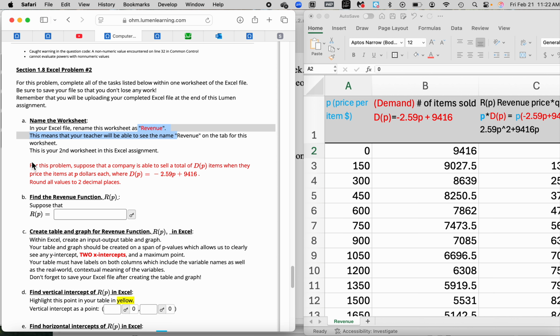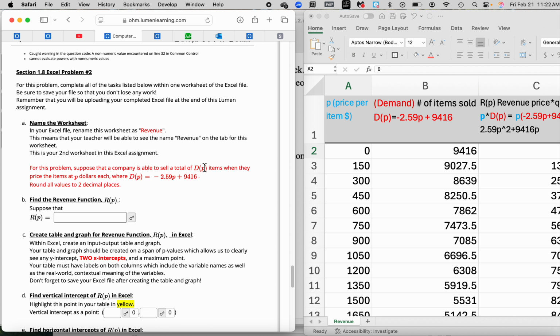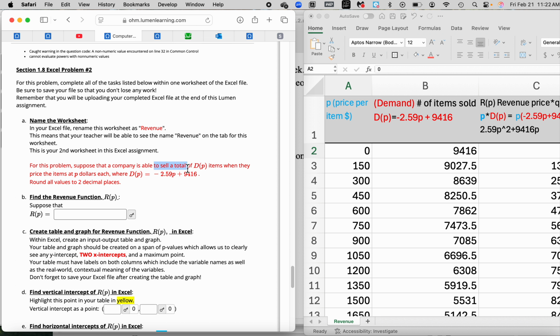All right, so it says for this problem, suppose a company is able to sell a total of D of P items. So in this case, it's saying the thing inside the parentheses is the input, P, okay? And the output is D of P, the number of items the company is able to sell.